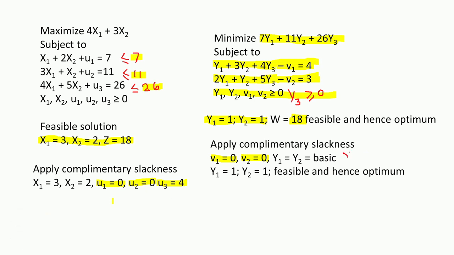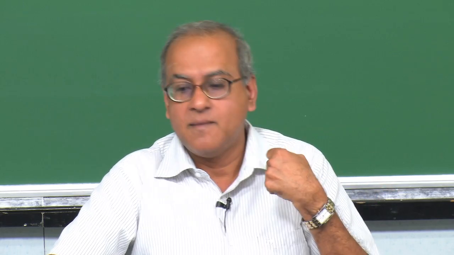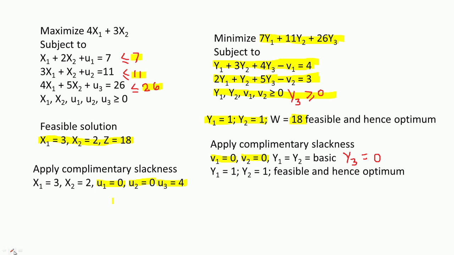So I will write y3 is equal to 0. And because I have u1 equal to 0 and u2 equal to 0, y1 and y2 can be in the solution, but since there are two equations, they are in the solution, and therefore it is now enough for me to solve this dual only for y1 and y2, which means I can leave out y3, v1 and v2.